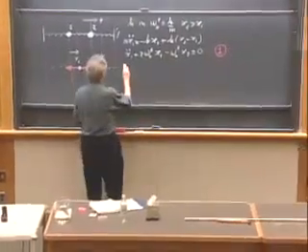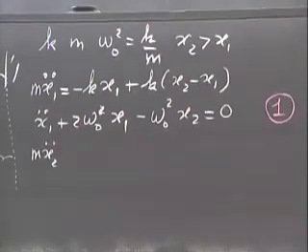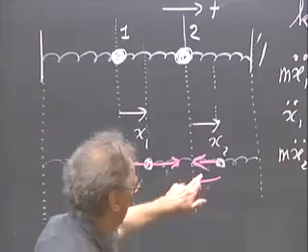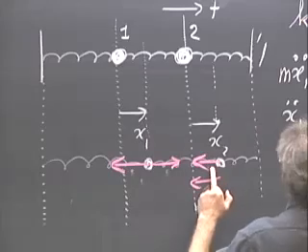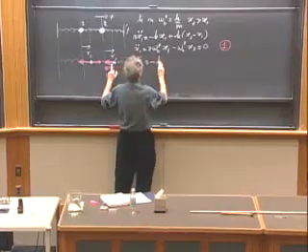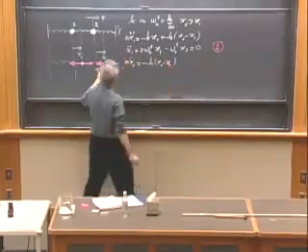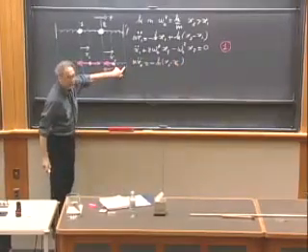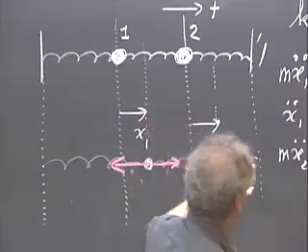I get m x2 double dot. Now I have two forces both in the negative direction. First I have the one that drives this one away from equilibrium. So I get minus k times x2 minus x1. And then I have the force due to the fact that this one is shorter than it wants to be by an amount x2.